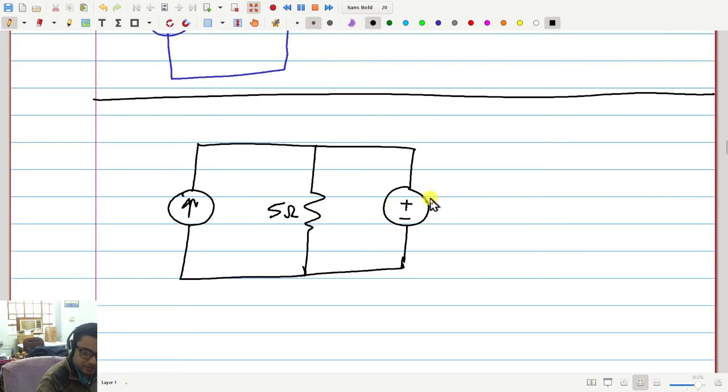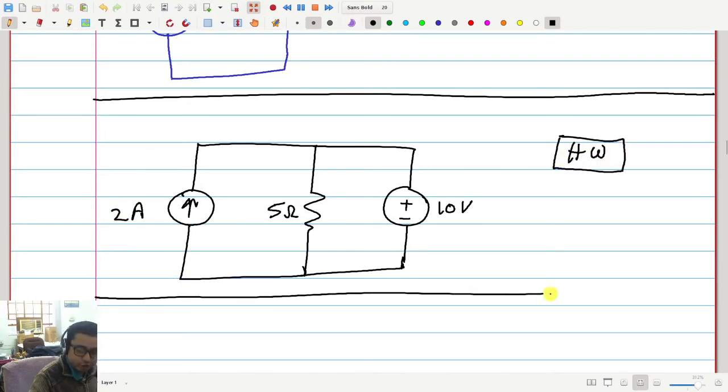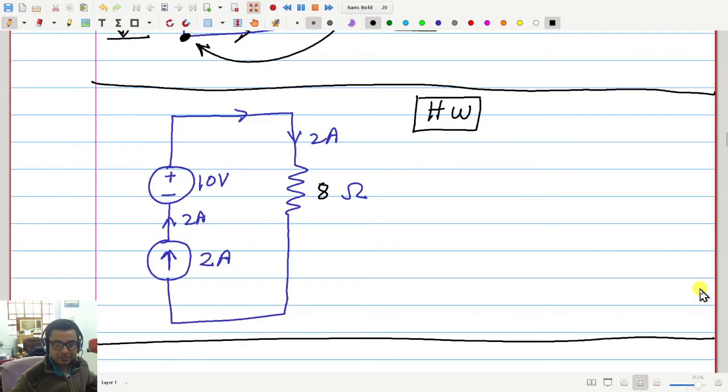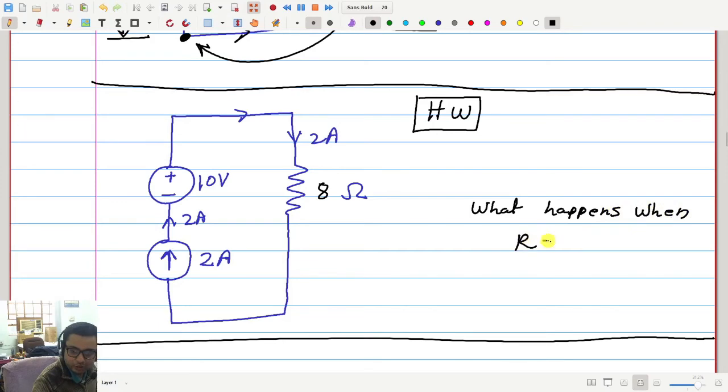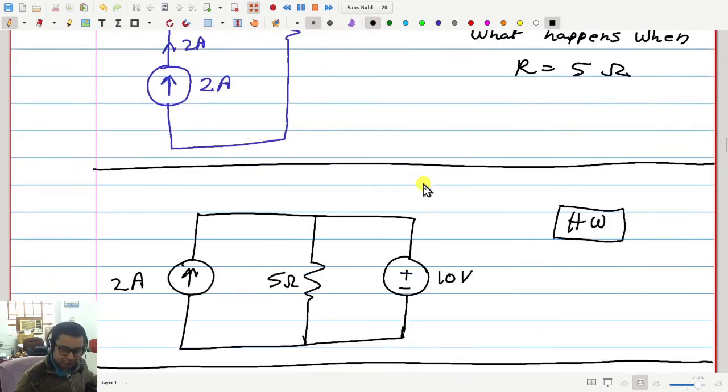In one case it is acting as an ideal one, and in another case it is consuming power. Let that also be a homework. Very good question. What happens when R equals 5 ohm? Another homework. So you try all this out.